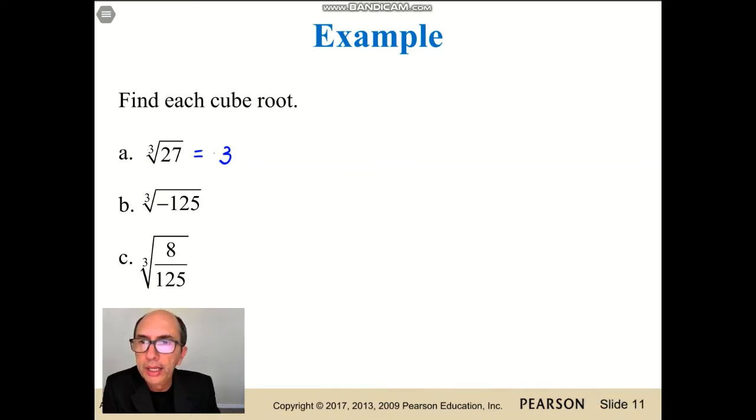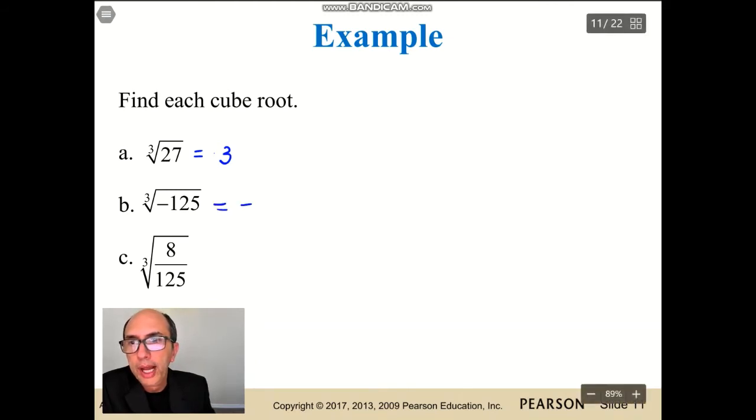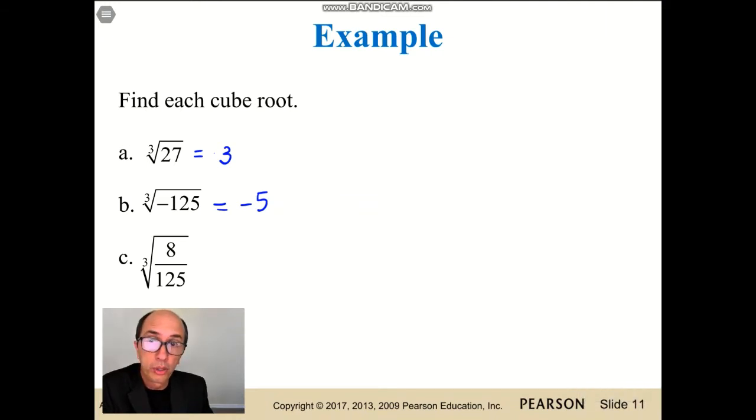Cube root of negative 125. As I mentioned, you can have a cube root of negative numbers. It's going to be negative 5, because negative 5 times negative 5 is positive 25. But if you multiply again by negative 5, it equals negative 125, right?